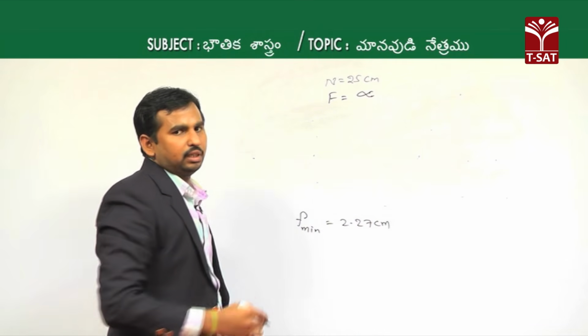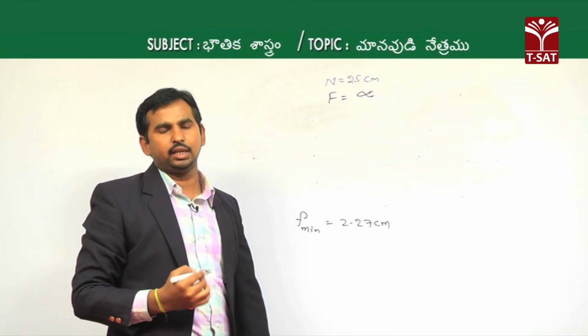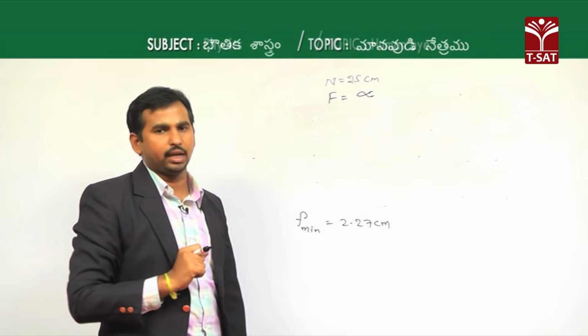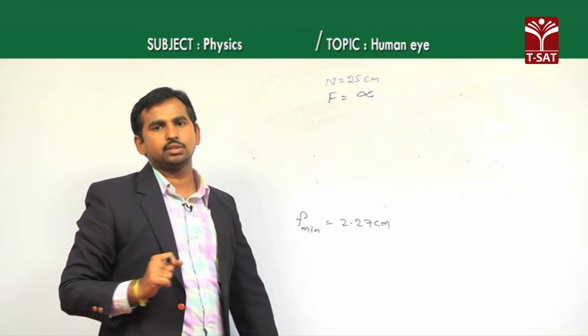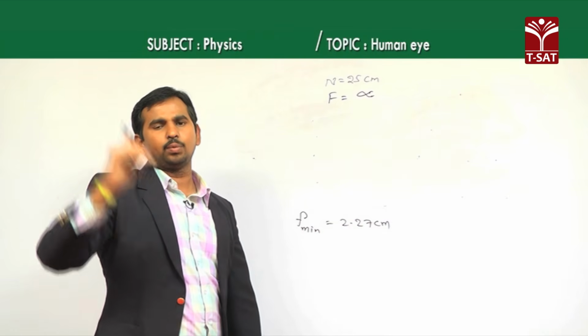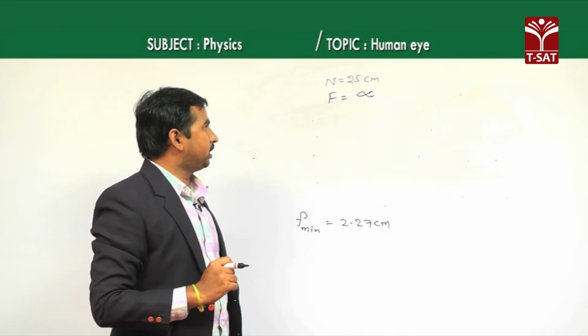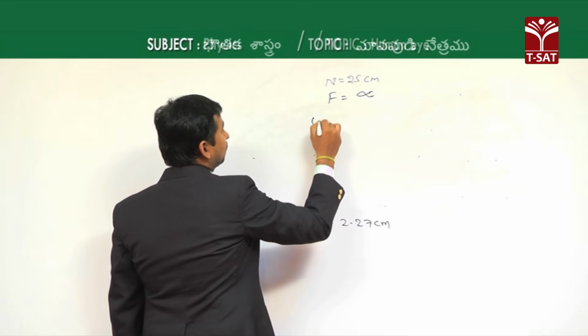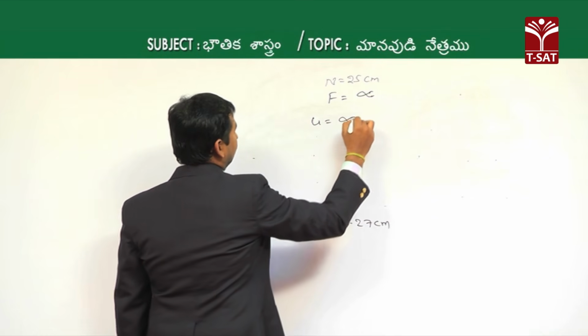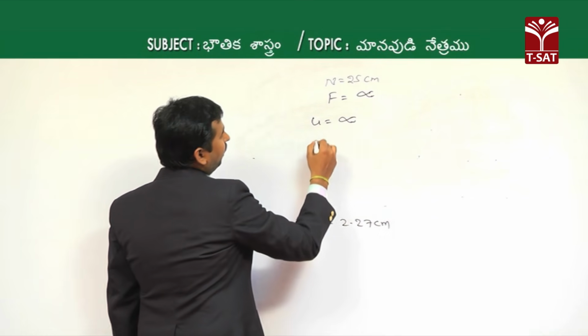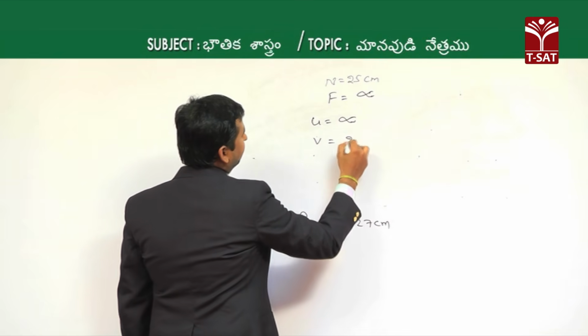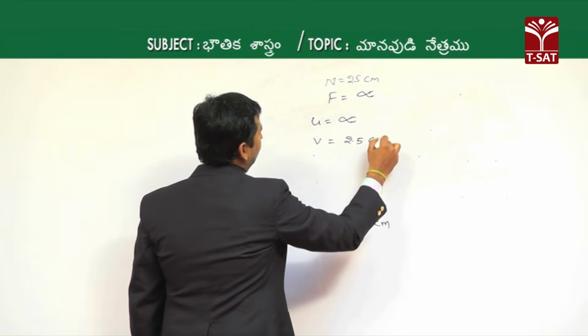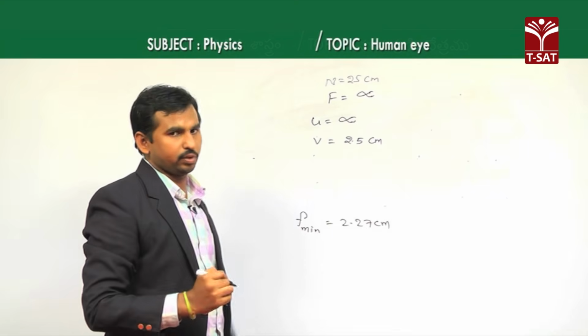Near point means the near distance where we can see the object very clearly without straining the eyes. Far point means now the object we are taking is at a very far distance. Let us imagine that is infinite. So, now the object is at far distance, infinite, and the image is forming again on our retina, which is 2.5 centimeters, an average value.